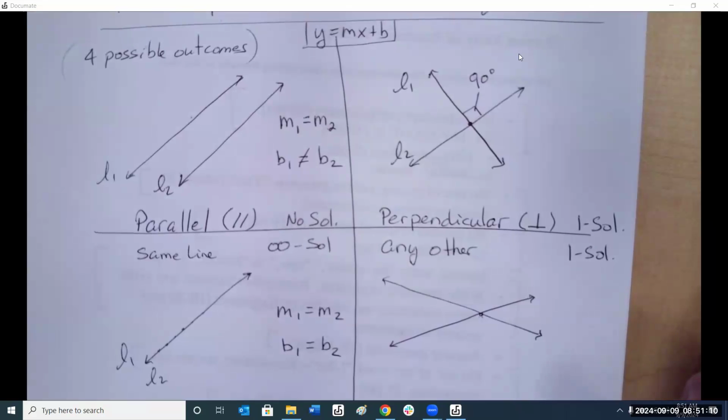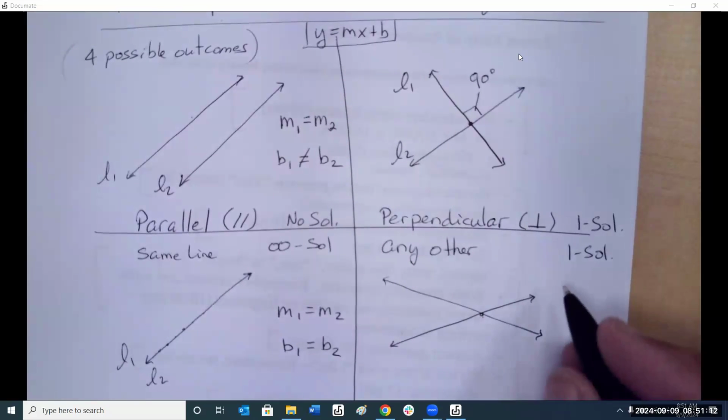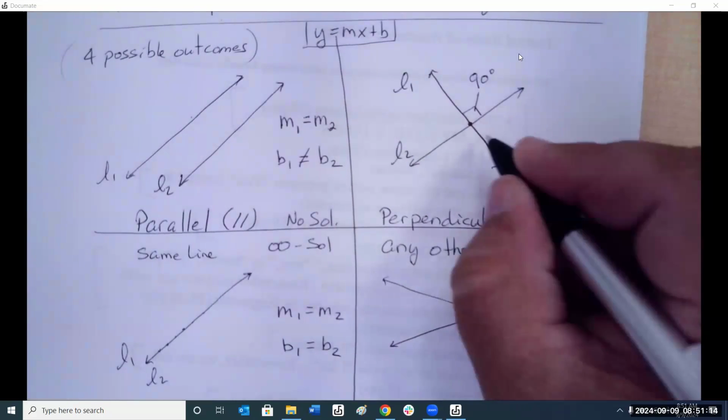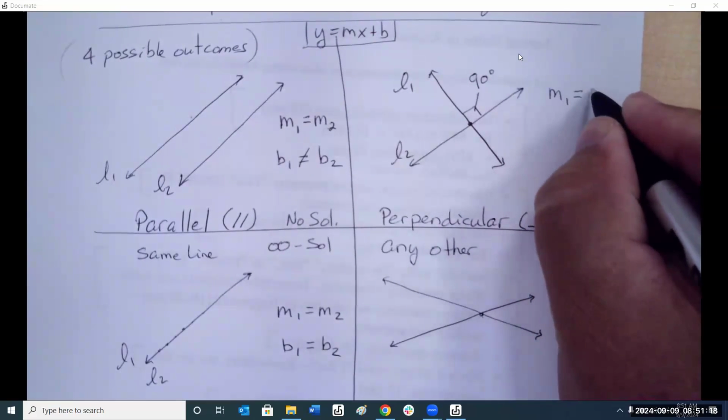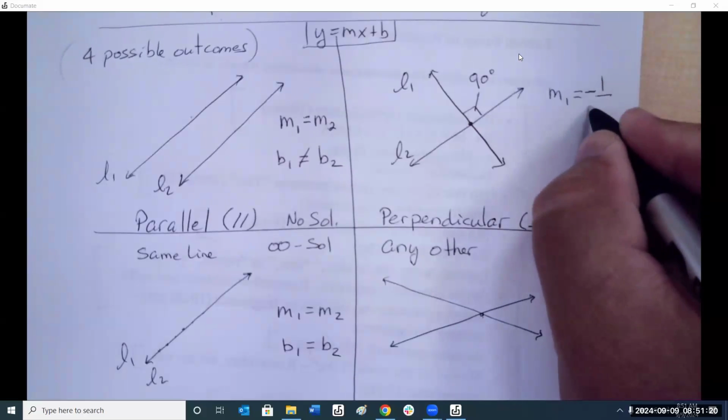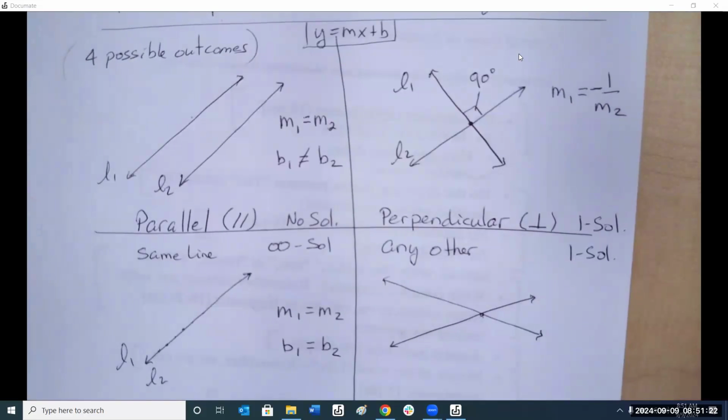So the only way we can tell these guys apart is, in perpendicular lines, the slopes are negative reciprocals of each other. They're negative flips. So they have to have opposite signs and they have to be flips of each other.